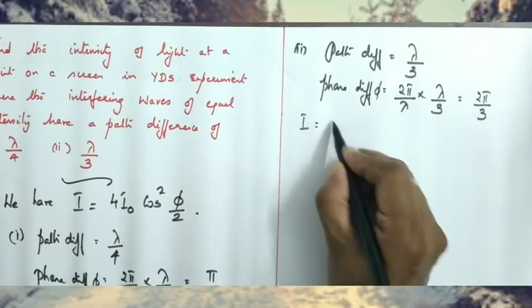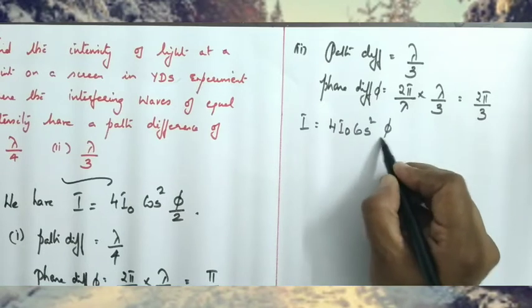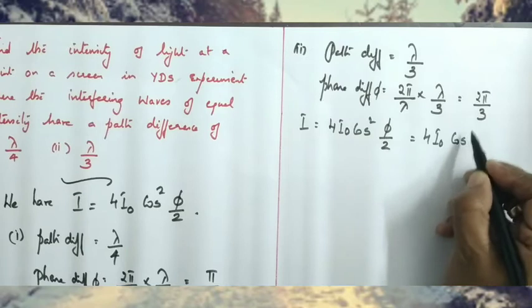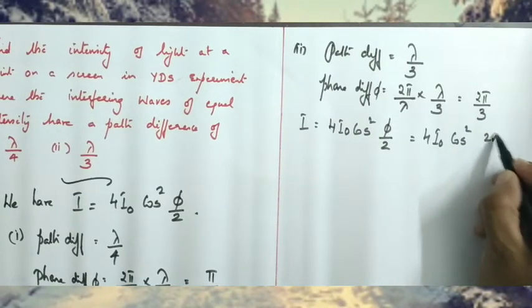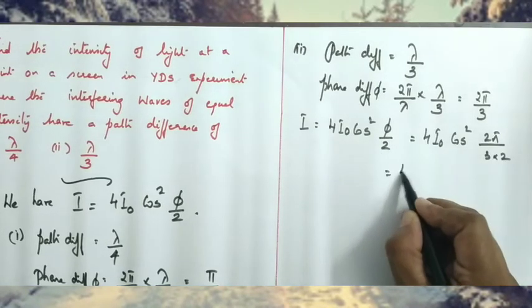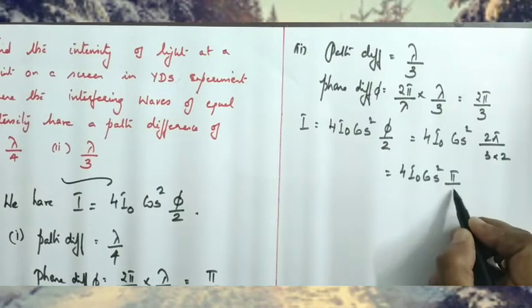Again we have intensity I equals 4I0 cos square phi by 2, so it is 4I0 cos square of 2 pi by 3 divided by 2, that is 4I0 cos square pi by 3.